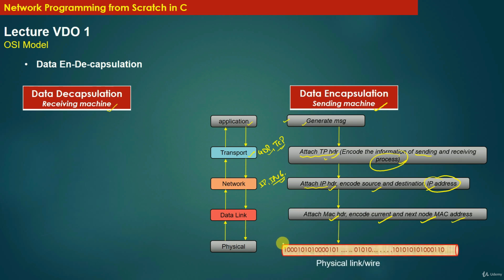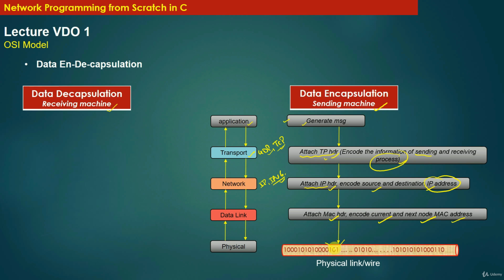So you can see that the physical layer eventually places the data on the wire in the form of electrical signals. Electrical signals are nothing but varying high and low voltages, where high voltage represents 1 and low voltage represents 0. We will not go into too much detail regarding the physical layer.